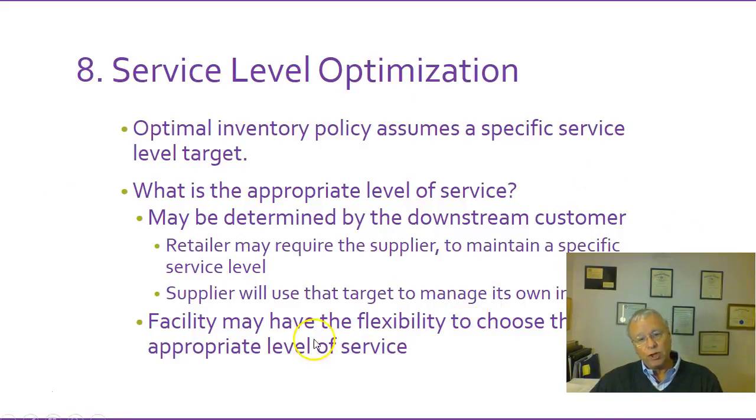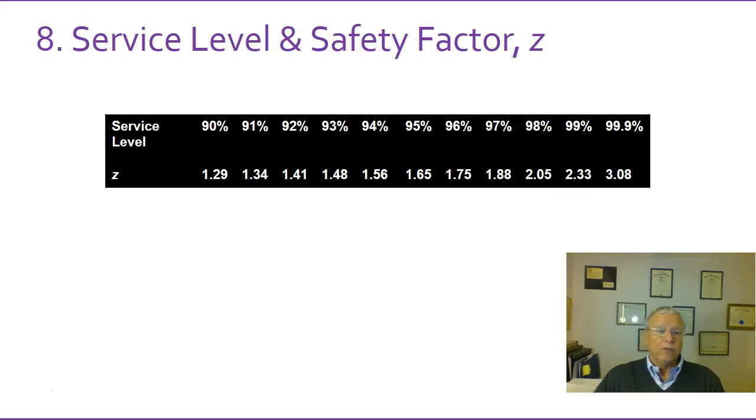And so you have to choose the appropriate level of service, but you have to have tools that allow you flexibility in how you set these kinds of levels. Again, this is not something that you can't get off the shelf. You can. So this is Z. This is a Z factor right here.